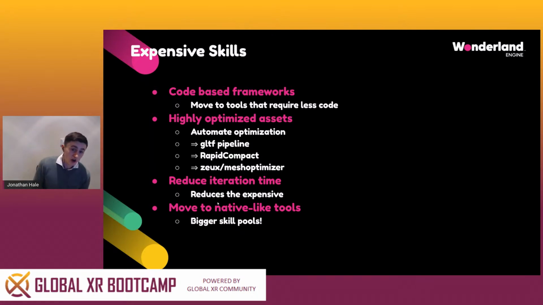What you can do there is automate a lot of the optimization that allows you to use less well-optimized assets and just convert them into well-optimized assets. There's a lot of tools that can do this for you, so you're not alone there. With glTF-Pipeline, that is open source, you can, for example, do the Draco compression that I talked about before. With RapidCompact, you can do all sorts of things.